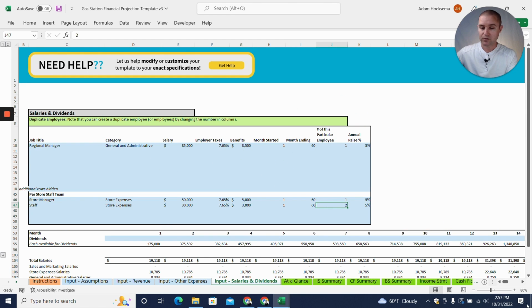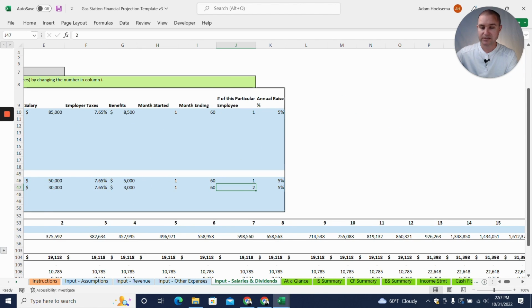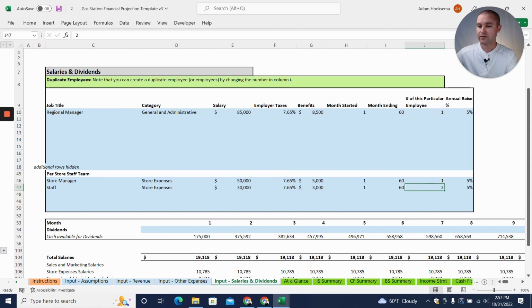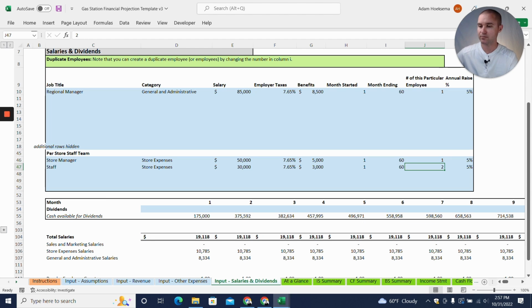All right, and then on the input salaries and dividends tab here, we're assuming a regional manager, so one regional manager that's kind of overseeing all 3 stores. And then we have per store staff team. So we're assuming 1 store manager, and then you can see here we have staff at $30,000 annually, and we're saying there's 2 of these staff members.